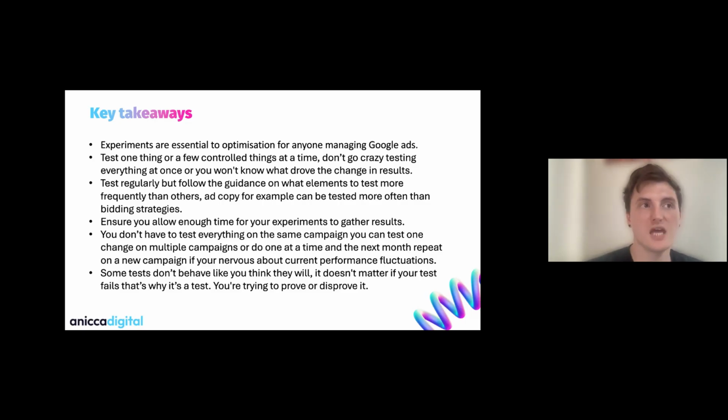You might set up a test one day, and the first week, the trial looks like it's going to win. And it's like, oh, it's doing really great. All the metrics are higher, but it hasn't got to that 8% confidence interval yet. And then the second week, it dies off and the original takes over. And then for the next 2 weeks, the original actually works better. That has happened before. So don't be too quick to judgment. Allow the time to run.